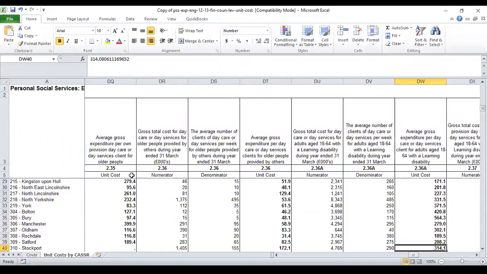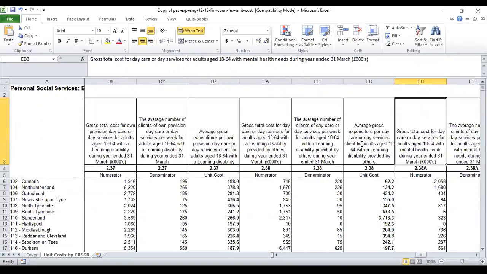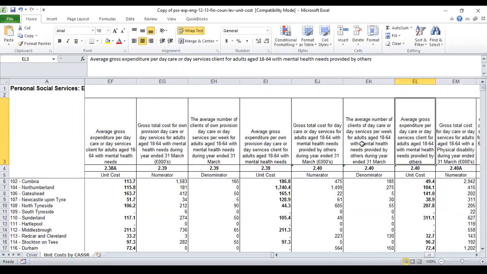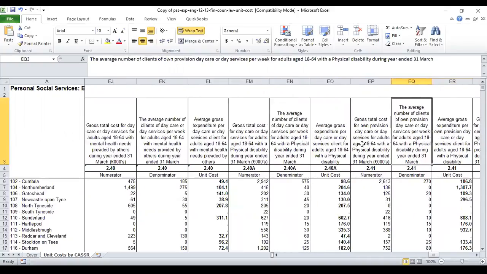The benefit of this one is it breaks it down by region, so you can get your regional costs as opposed to having them slightly distorted by London. So you've got the total costs for daycare services, and it just goes on for quite a long way, basically, with all different figures that you can incorporate.